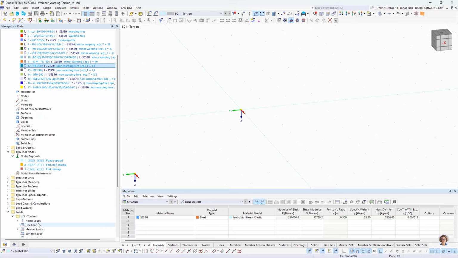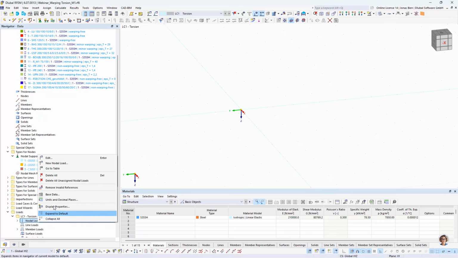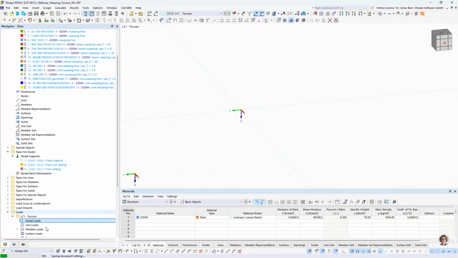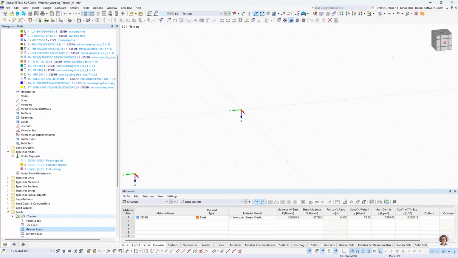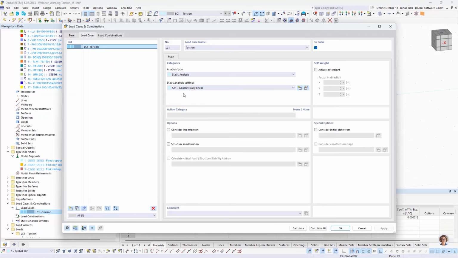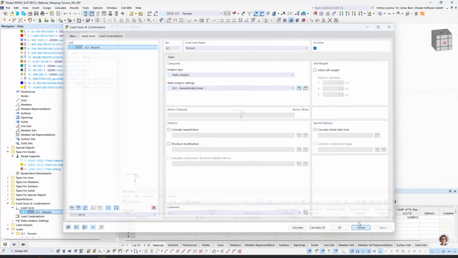And I have a first load case that shouldn't actually have any loads. So let's just delete those loads, and the load case does not have any self-weight active, so we just want to investigate simple examples under pure torsion.